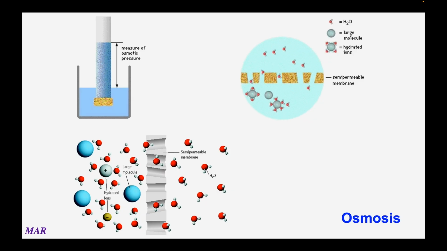The number of solvent molecules moving from the solution side to the pure solvent side is less than the number moving into the solution side, resulting in a net flow into the solution. The solute molecules don't go through the membrane because they're either hydrated, like the waters go around, which makes them a lot bigger, or sometimes the molecules themselves are just bigger molecules, more atoms, all right? But for all those reasons, that's why they don't go through the semi-permeable membrane.